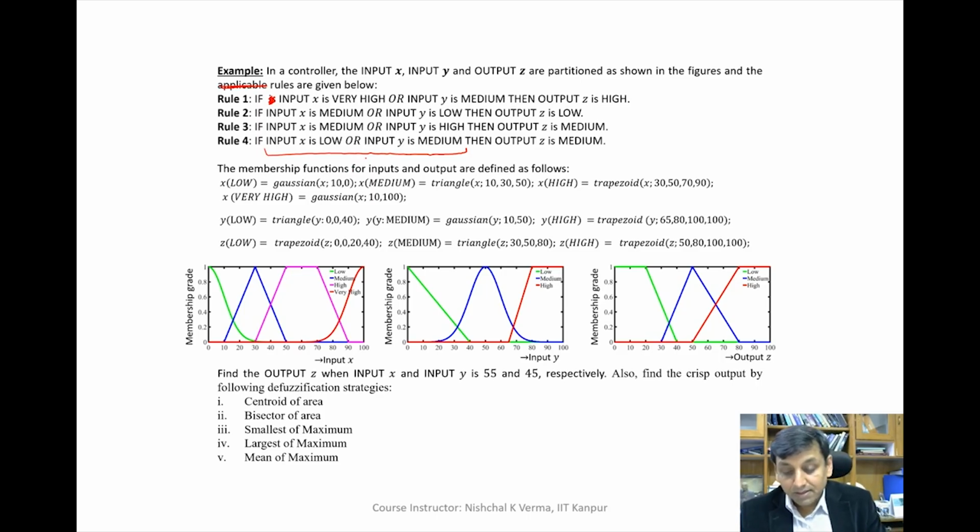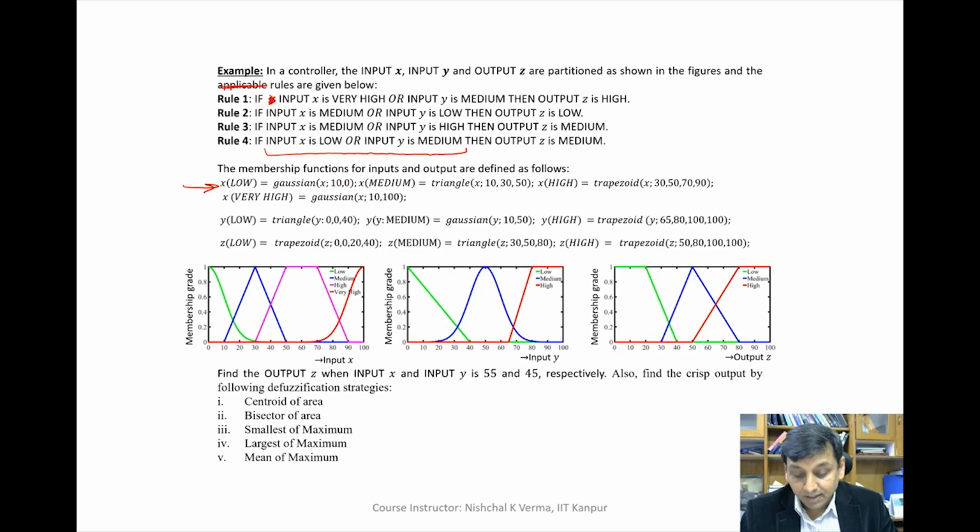So let us understand here that the membership functions for inputs and output are defined as follows. X low is a Gaussian function, with the mean and the standard deviation.